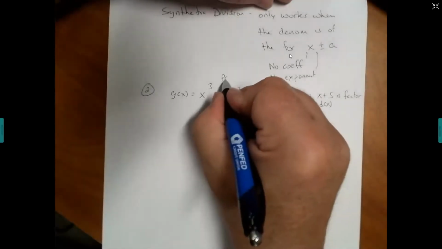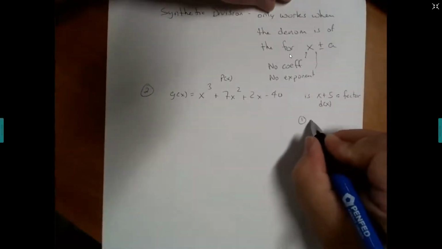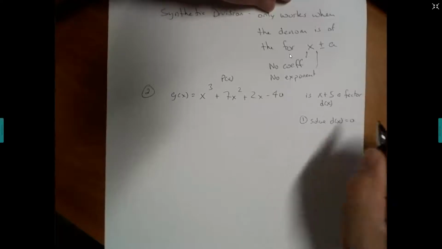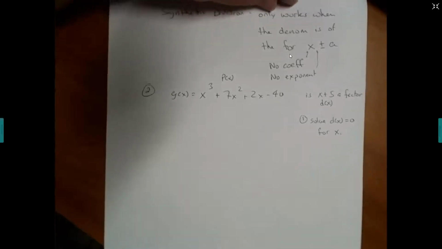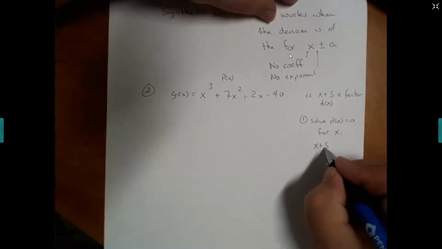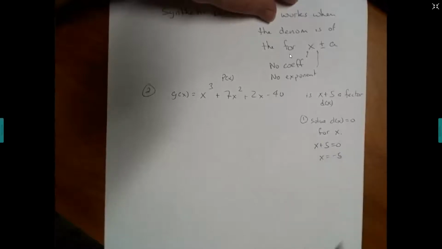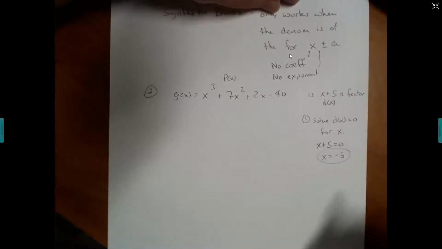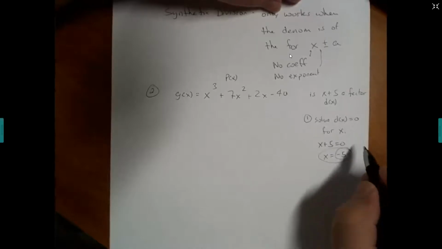This is your p of x. First step, solve d of x equals 0 for x. So in our case, we have x plus 5 equals 0, x equals negative 5. This is our new d of x.